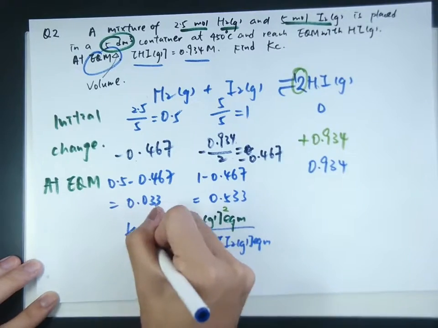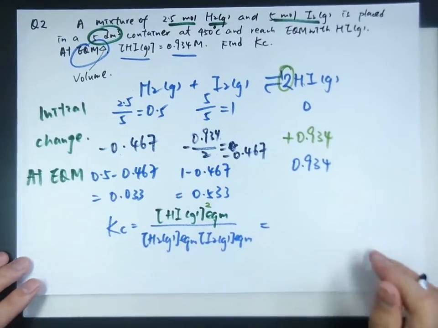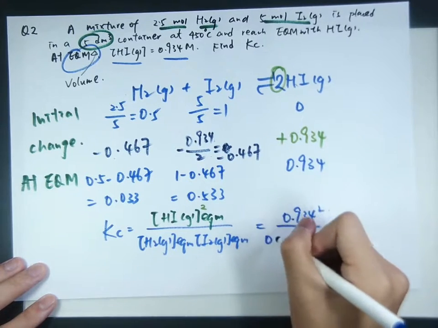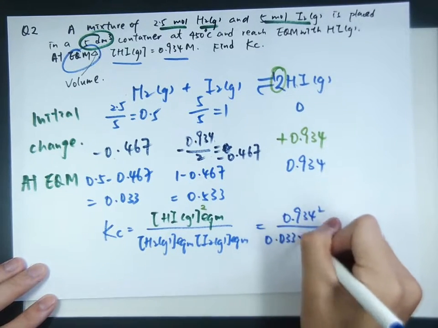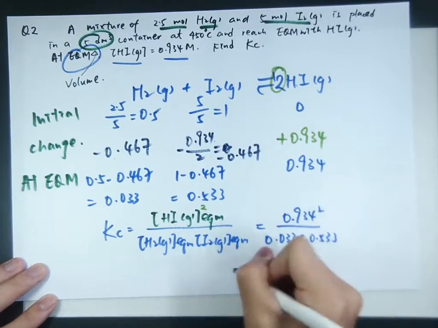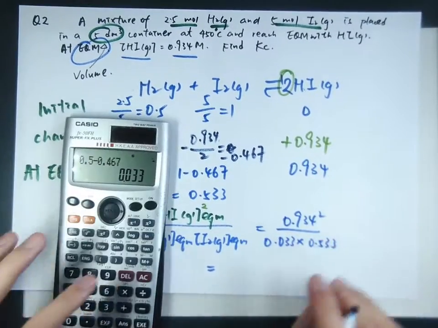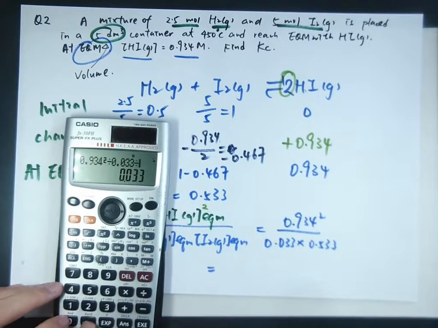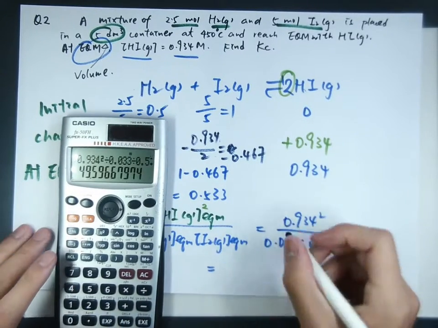And we substitute the corresponding values, okay, 0.934 squared over 0.033 times 0.533, which is equal to 49.6.